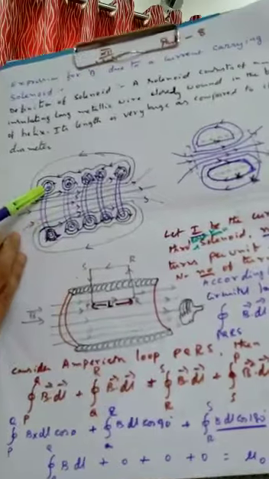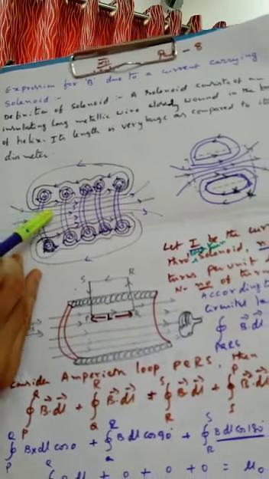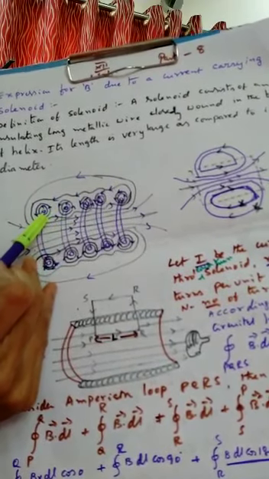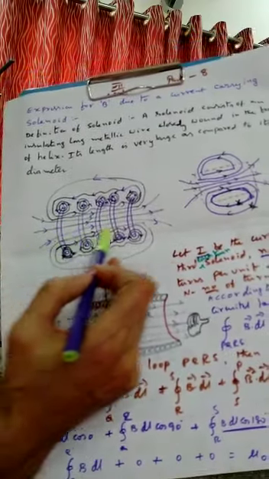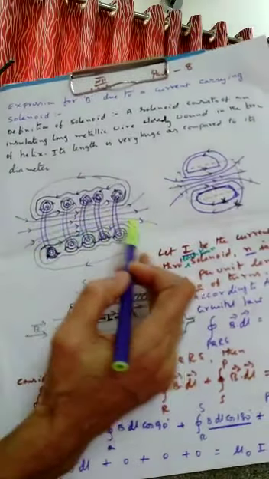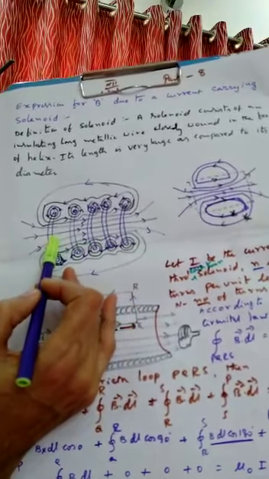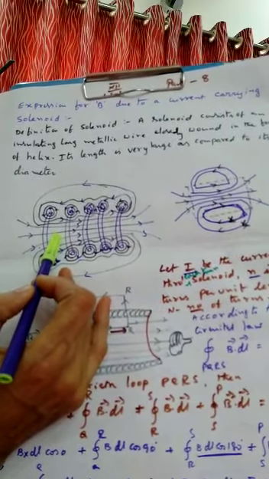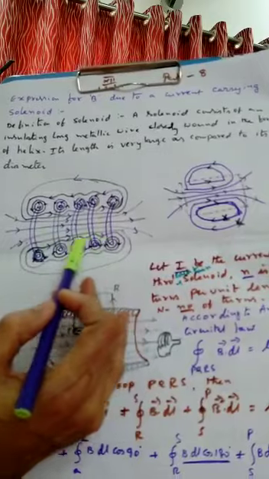Then the field produced by the first winding and the field produced by the second winding outside the solenoid will be equal and opposite. They cancel each other. Only the inside field will be left. So the inside field will be uniform and strong. A uniform and strong magnetic field means the lines of force, that is the magnetic field lines, are equidistant and parallel inside the solenoid.